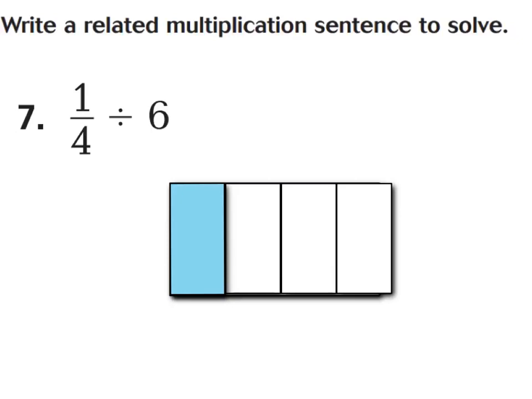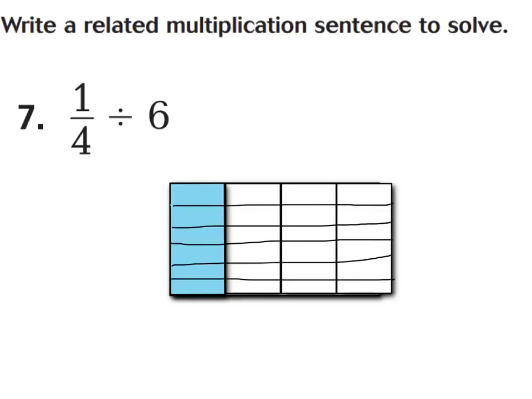So here's my model of 1/4, and I want to divide this 1/4 into 6 parts. So if we were to divide 1/4 into 6 parts, how much would each part be? 1/4 divided into 6, what would that be? You should say that 1/4 divided by 6 equals 1/24.